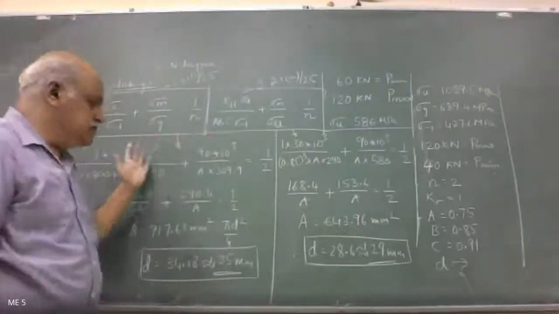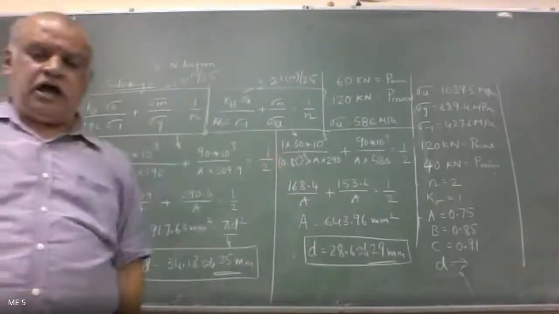Design the safe diameter of the rod using Soderberg's diagram. Adopt FOS equal to 2, K sigma equal to 1, A is equal to 0.75, B equal to 0.85, C equal to 0.91. On similar lines, using the Soderberg relation, get me the diameter.